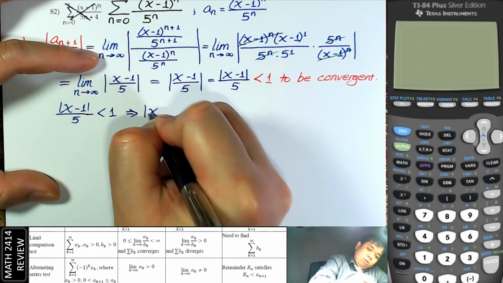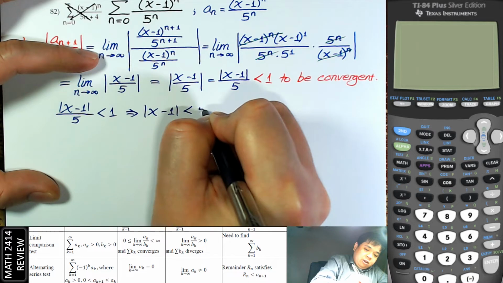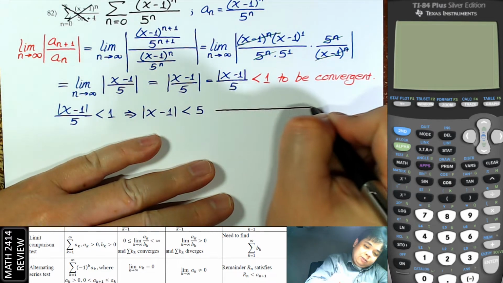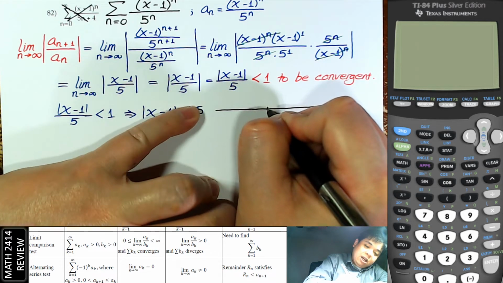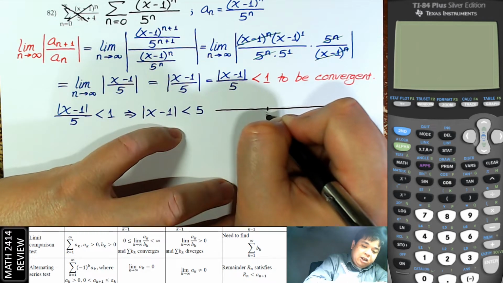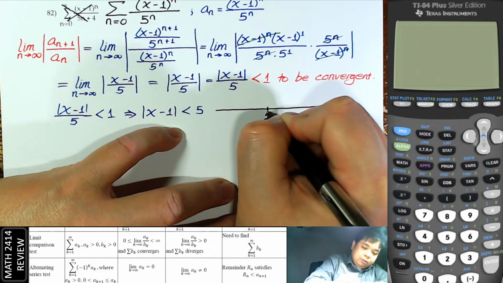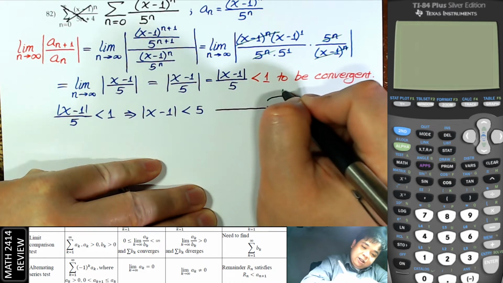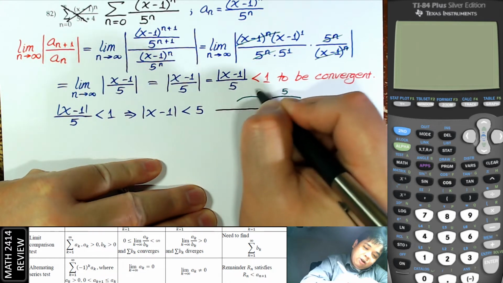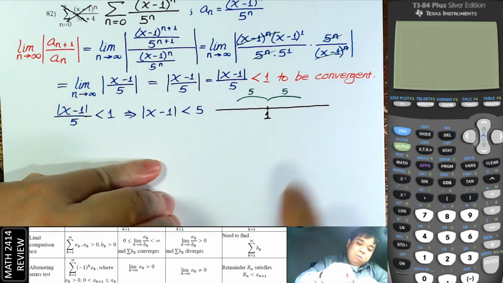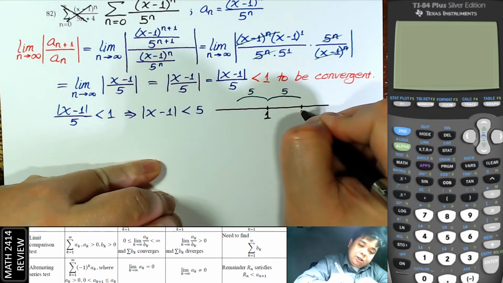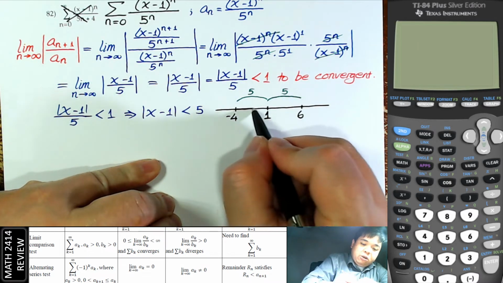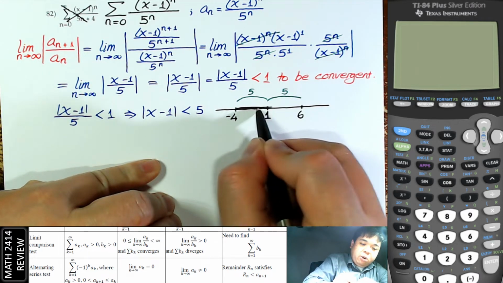We have the absolute value of x minus 1 less than 5. So 5 is the radius of convergence. So now let's draw it out. The radius is 5 and the center is at 1. If we want to go 5 units to the left and 5 units to the right, 1 plus 5 is 6, 1 minus 5 is negative 4. So we know it's convergent between negative 4 and 6.